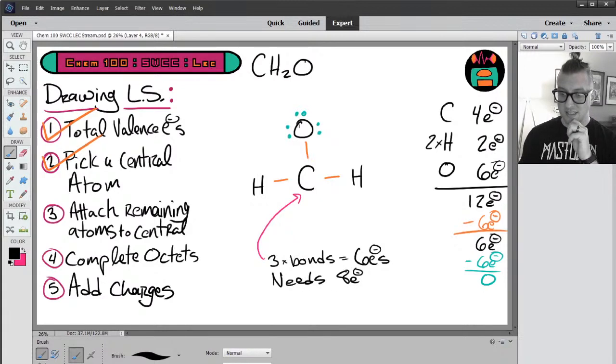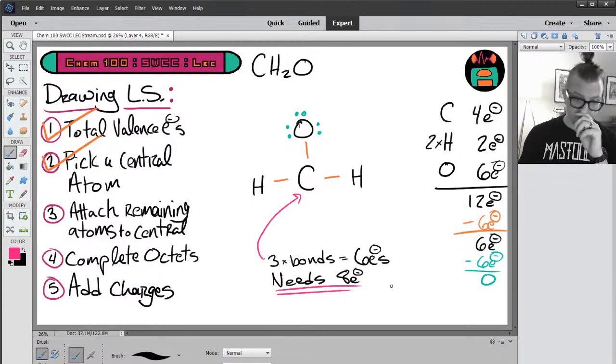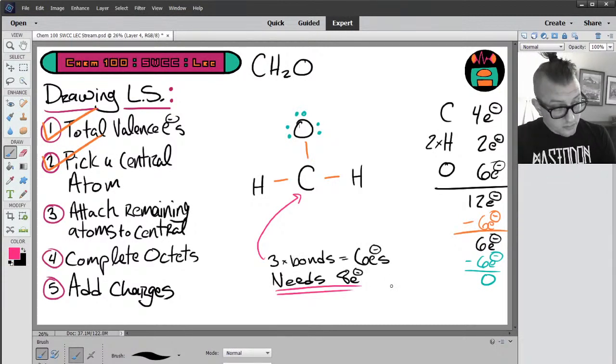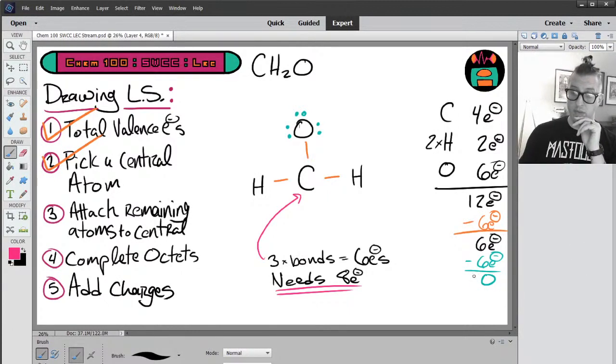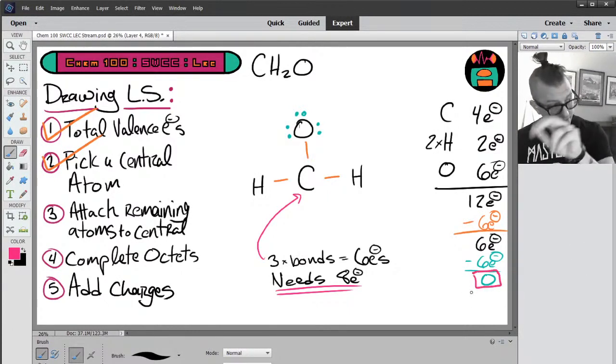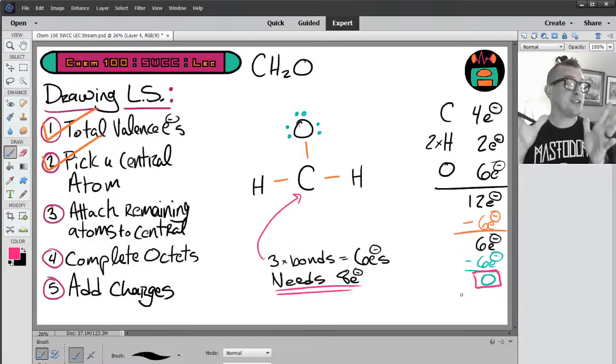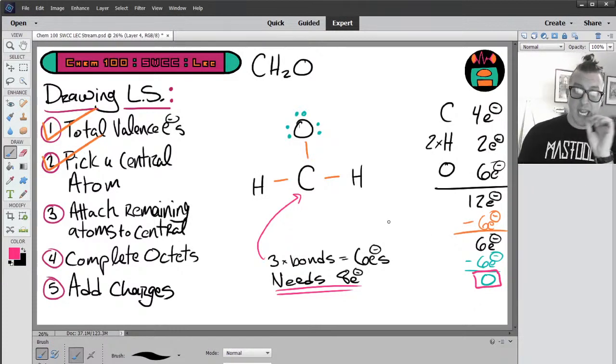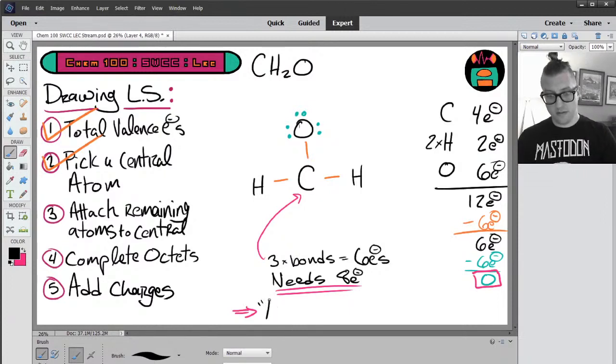It needs 8 electrons, but we have no more electrons in our budget. We have 0. If we had 2 more, we'd just give them to carbon, and we'd be good to go. But we can't do that. All right. It looks like we are, and I'm putting this in quotes, missing 2 electrons.